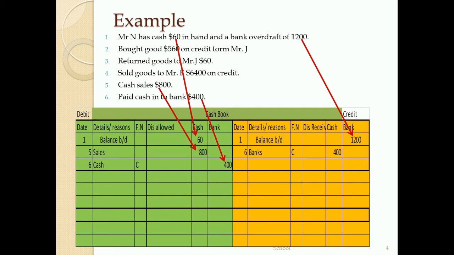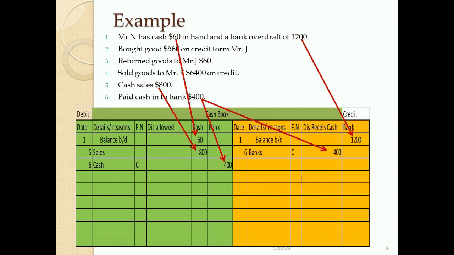So in the third column, that is F.N., for folio number, you write C over there, that shows that it is a contra entry. And the second fact is in the same way on the credit side of your cash account, which shows that due to bank, your cash account decreases.